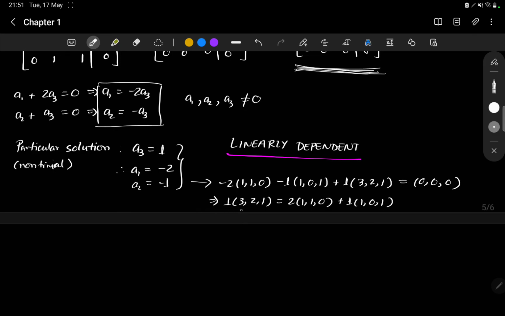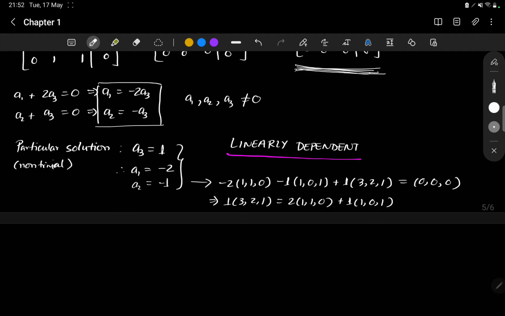So because such a relation exists, that also shows that these three vectors are linearly dependent. So we have shown the first part of this question of showing that these three vectors are linearly dependent.